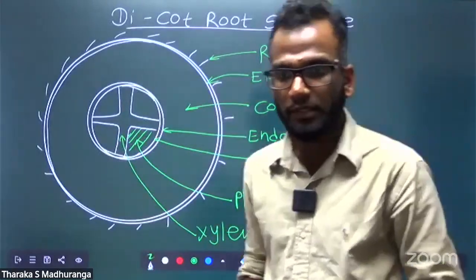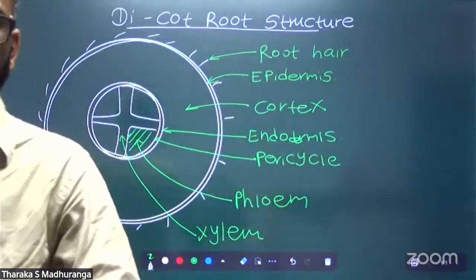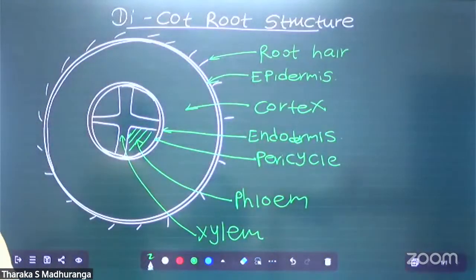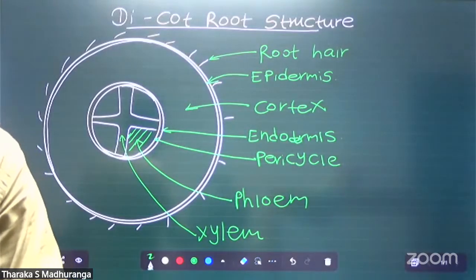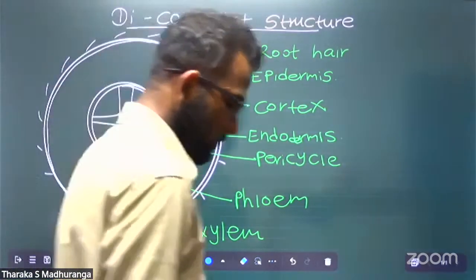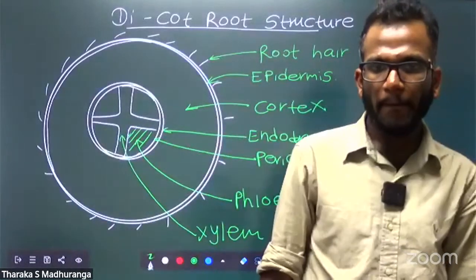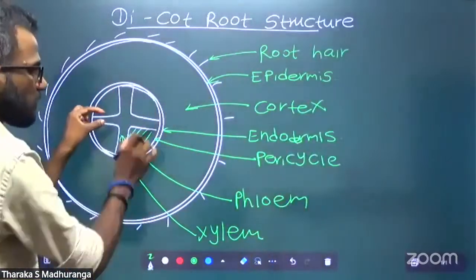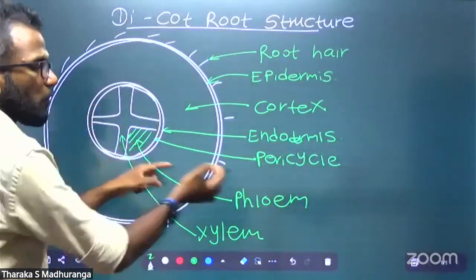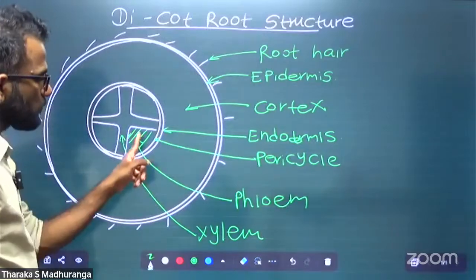Are you complete? Dicot root. This inside is the xylem. This part is the phloem.